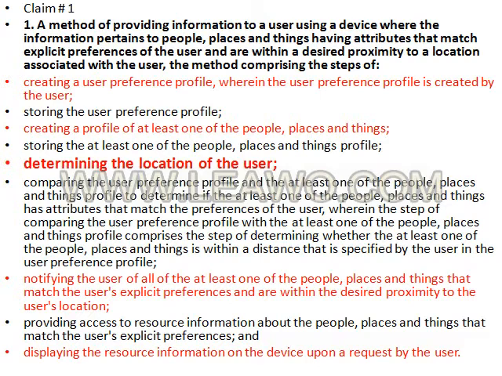So creating a profile of one of the people, places, or things that you are looking for within your proximity, basically. Storing at least one of the people, places, or things. So after you create one of those, you basically save it. Determining the location of the user. I highlighted that one because it's a really important one, and that's the one that uses the GPS basically to determine your location.